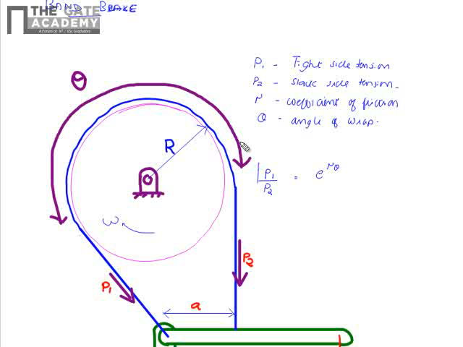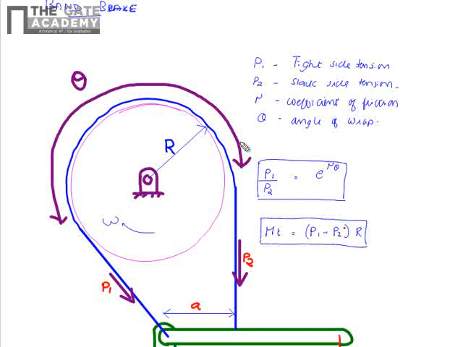This is the first relation we have for band brakes, and the retarding torque Mt is given by P1 minus P2 into R, where R is the radius of the brake drum.